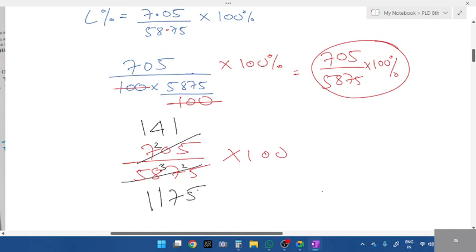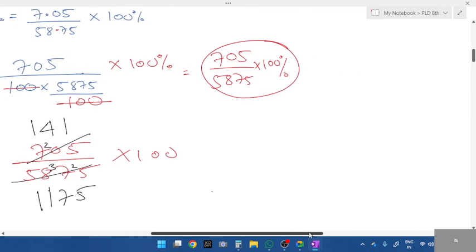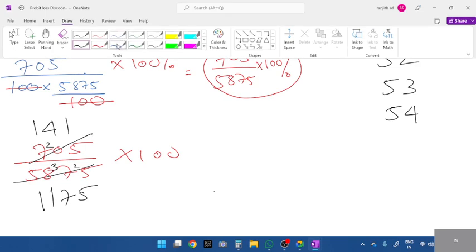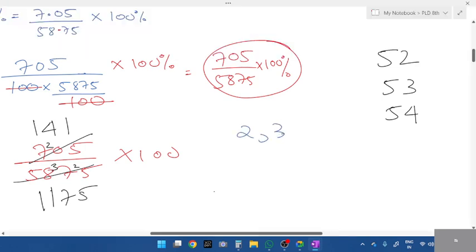Correct? Okay, 141, students. And one more thing I forgot to teach you all. Look here. When I write 50, 52, 53, 54, you have to divide with the 2 times table, 3 times, 5 times, 7. All prime numbers. Fine. What about 52?